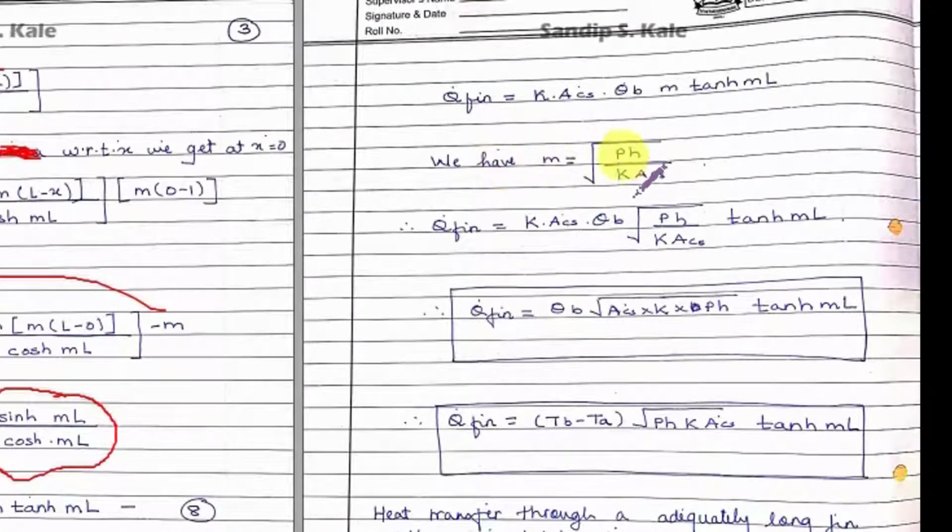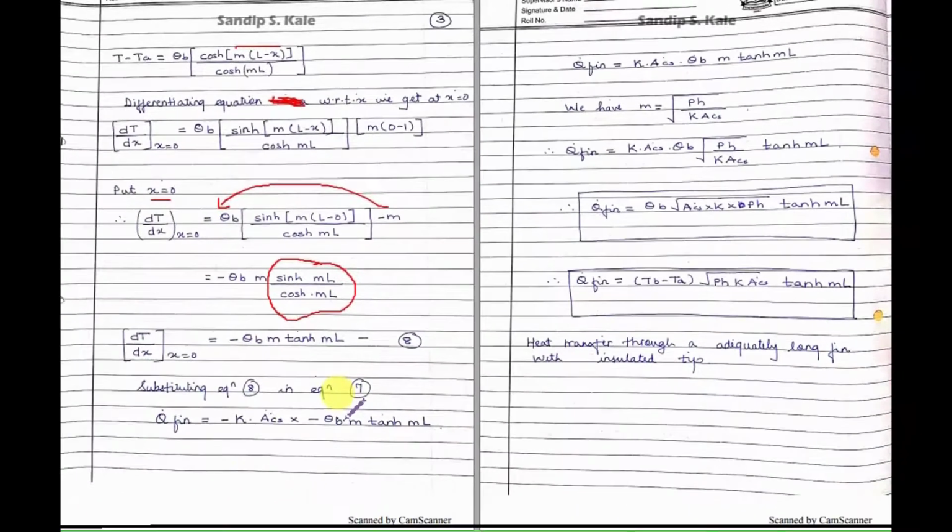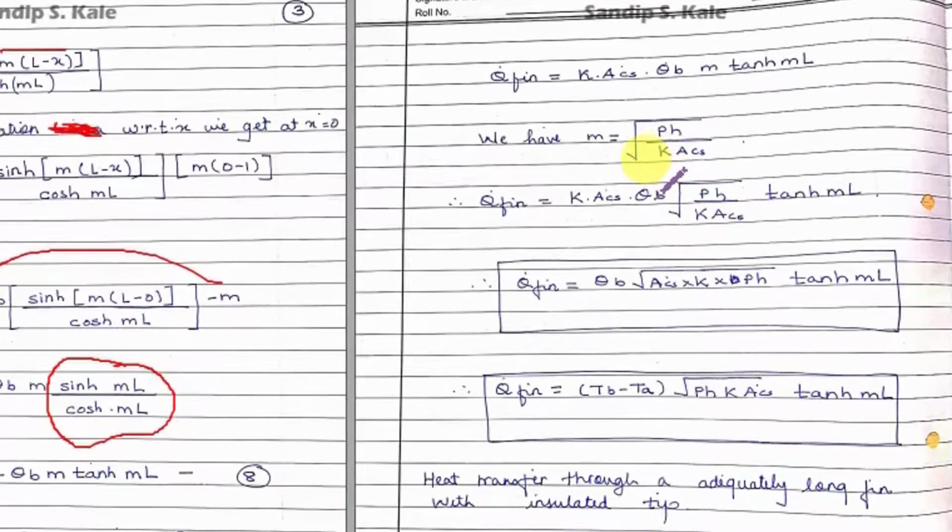All of you know that we have seen this also. What is m? m is nothing but under root hP upon K A c. So you get Q fin is equal to K A c multiplied by theta b, and this minus and minus sign gets cancelled. So multiplied by m, we are writing m as under root hP upon K A c, into tanh mL.